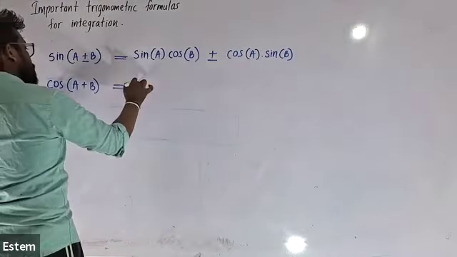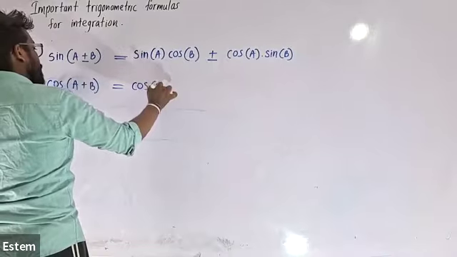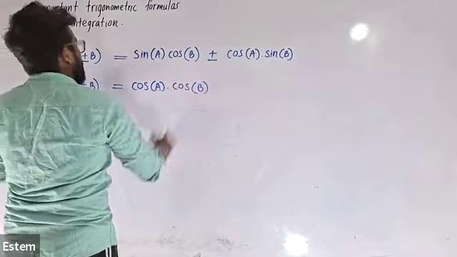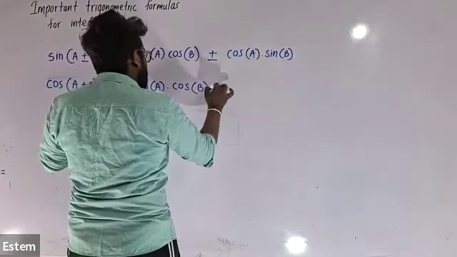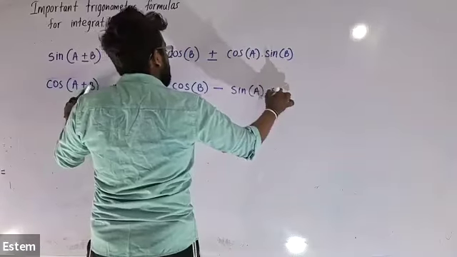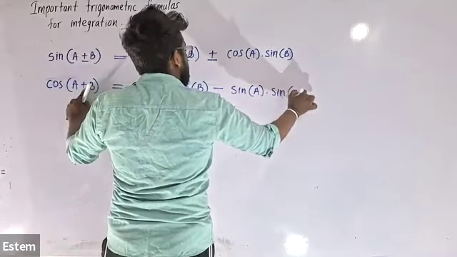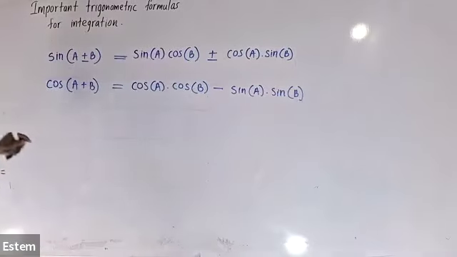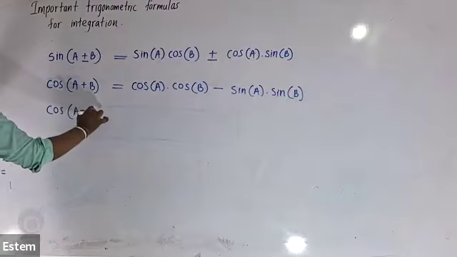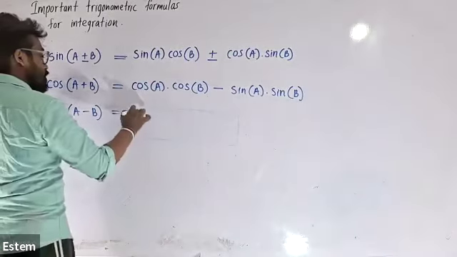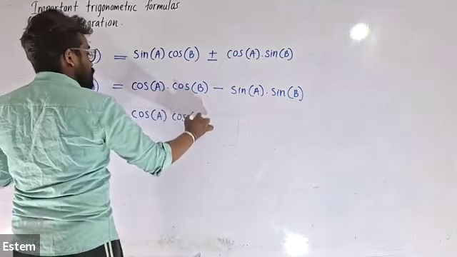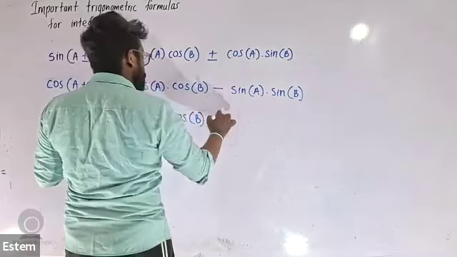Cos A plus B is cos A cos B, and if this is positive, this will be negative, and it is sin A sin B. If this is cos A minus B, it is cos A cos B, and if this is negative, this will be positive.